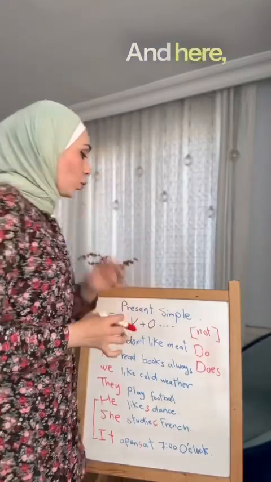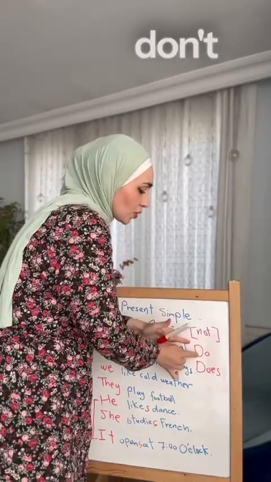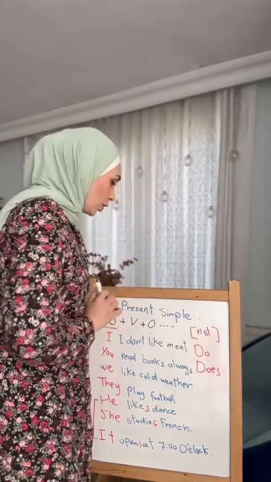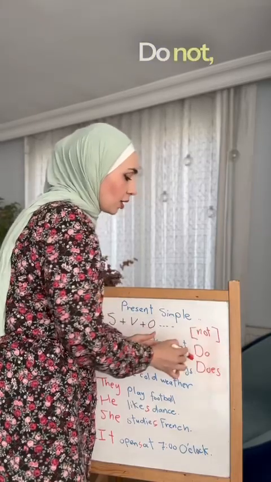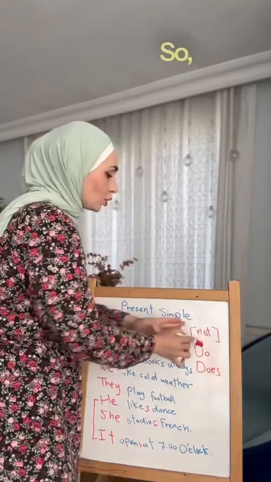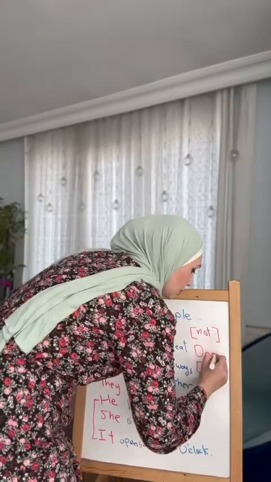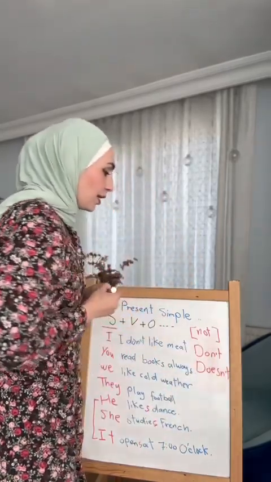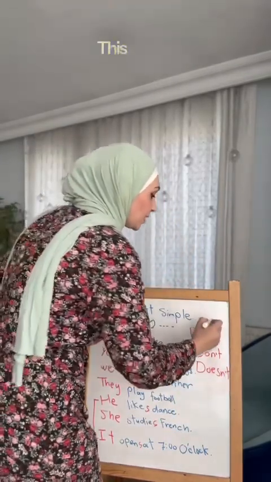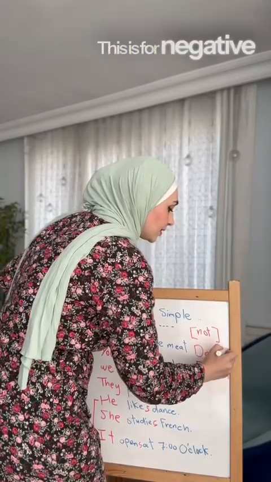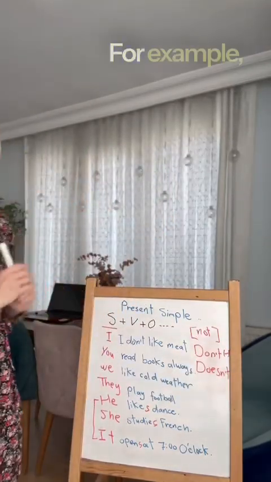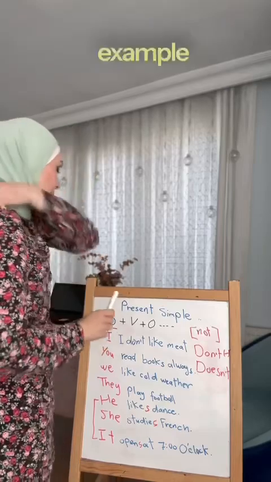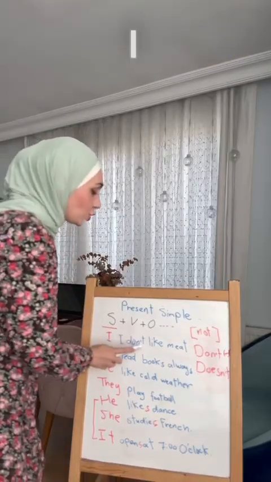And here we can use don't or doesn't. Do not, does not. So don't or doesn't. This is for negative sentences. For example, here we have an example about this. I don't like meat.